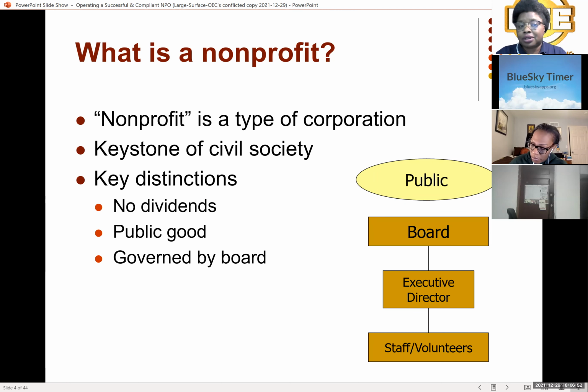That's the mission, and that's everything we're driven by. So I prefer to use mission-based organization over nonprofit. Because when you set yourself up as a nonprofit corporation, you're telling society, I'm going to do X, Y, or Z, whatever you told the state and the IRS, on behalf of society.